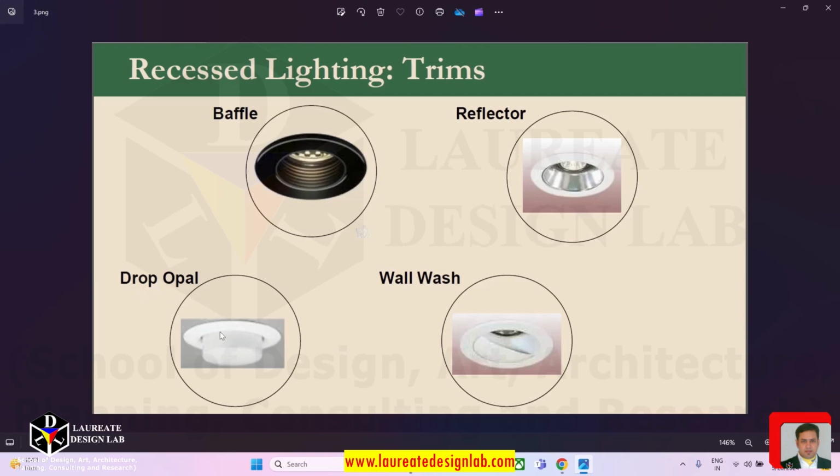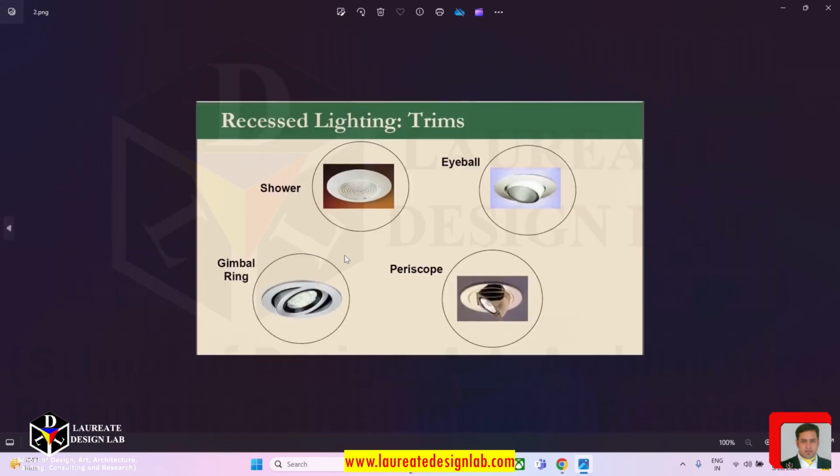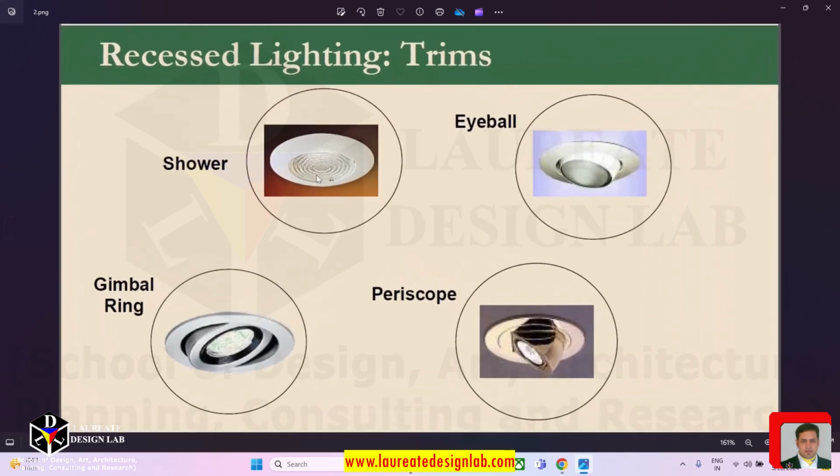In drop opal, it is diffusing the light, that's why it is also not going to create any glare. But if it hits directly to your eyes, anything which is coming out, any light, will create glare. Look at it. This is not going to create glare. This may create a high amount of glare if it is coming out. This may create a little bit of glare.